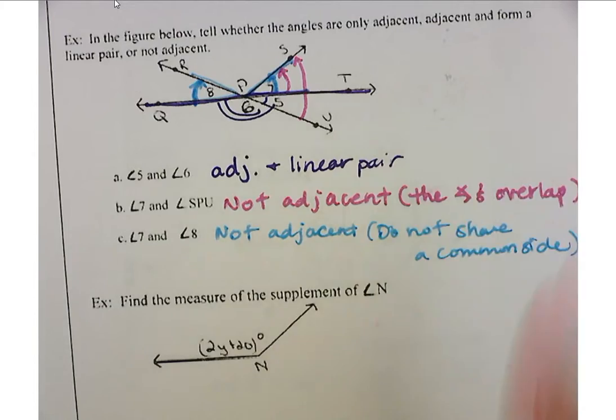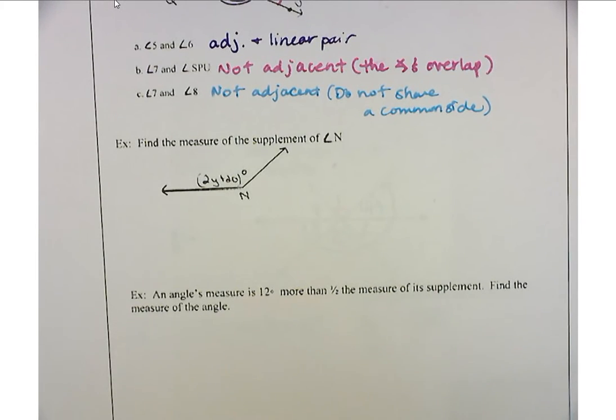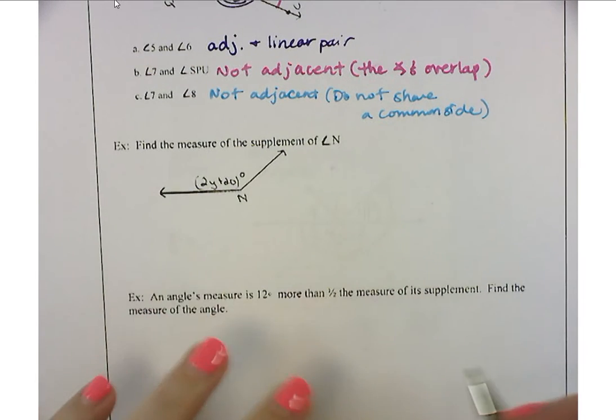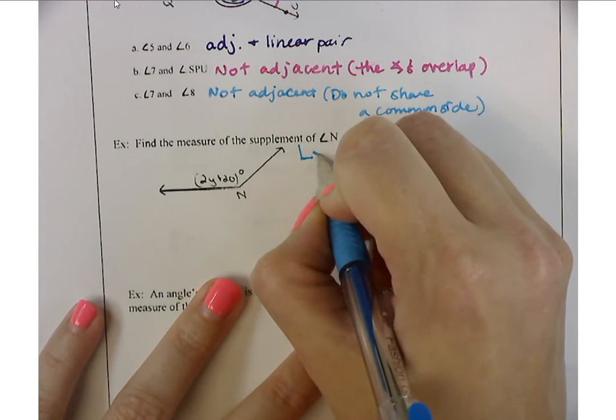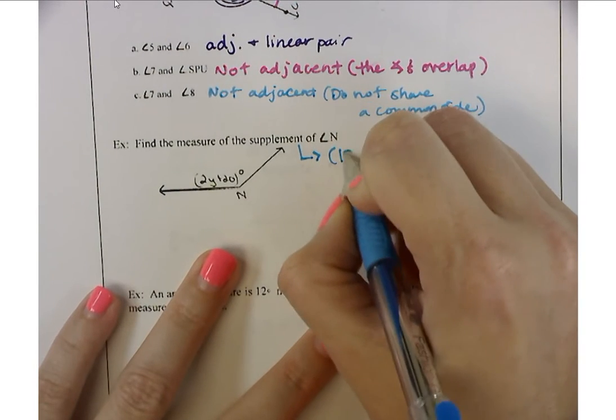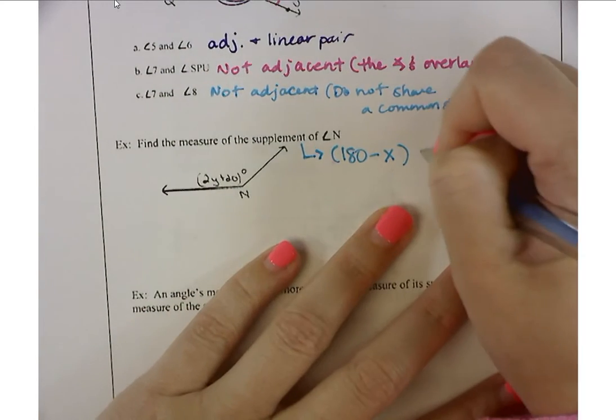Okay, the next one, for the supplement, you have to think of this a little bit differently. So if we have an angle X, we call the supplement 180 minus X. So this is important. You'll have to write this down.